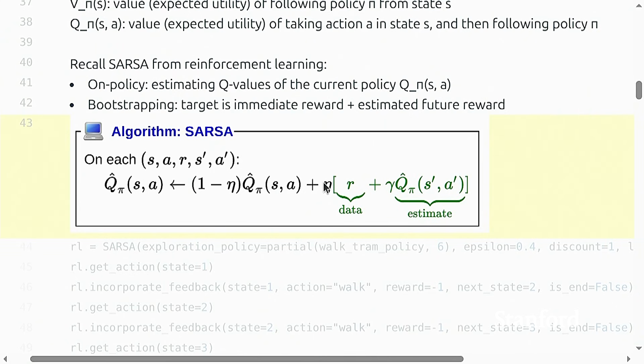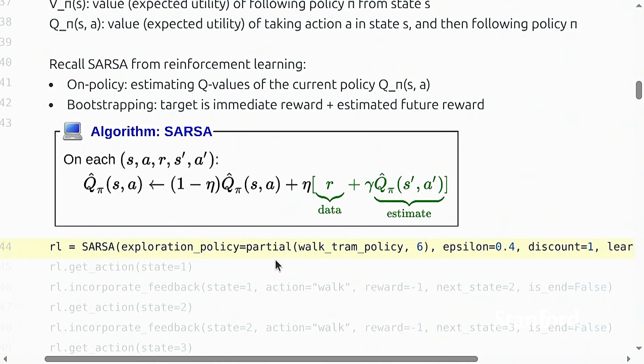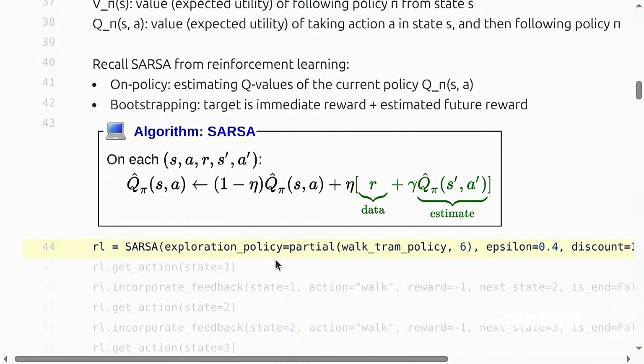All right, so in code, it looks something like this. I instantiate an RL algorithm, SARSA. And then, remember, the RL algorithm implements two functions, get action. So I'm in state 1, and I get an action, and then the environment does something with that action.